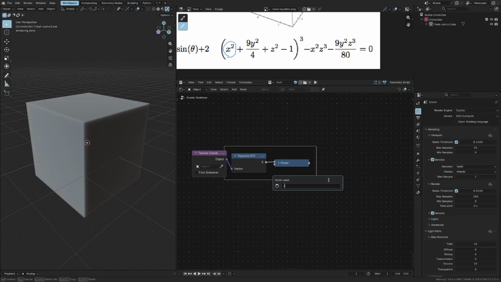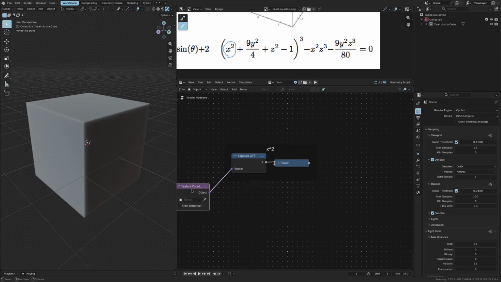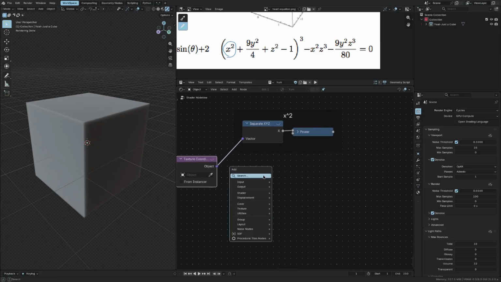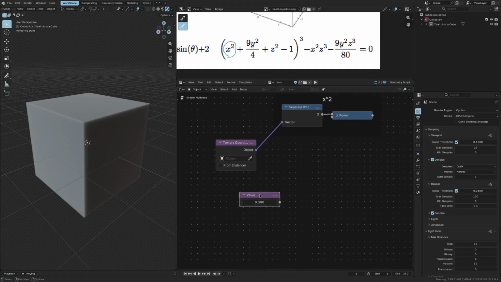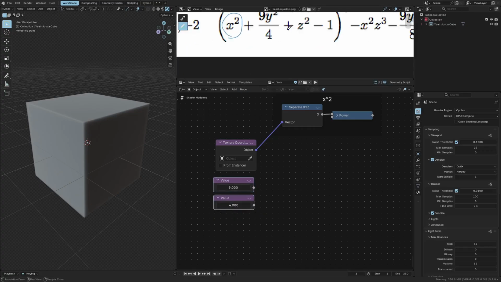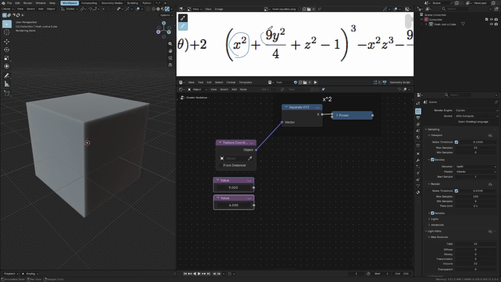So x square. This one is pretty complicated, so don't forget to organize it. Next, the values 4 and 9 here, and we are going to make them in fractions. First of all, we are going to create this part here.